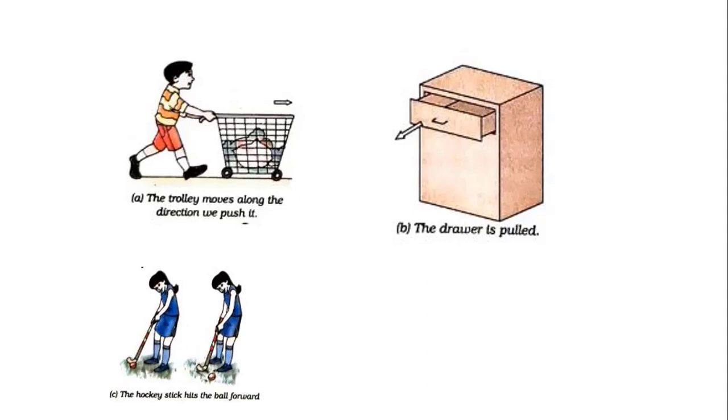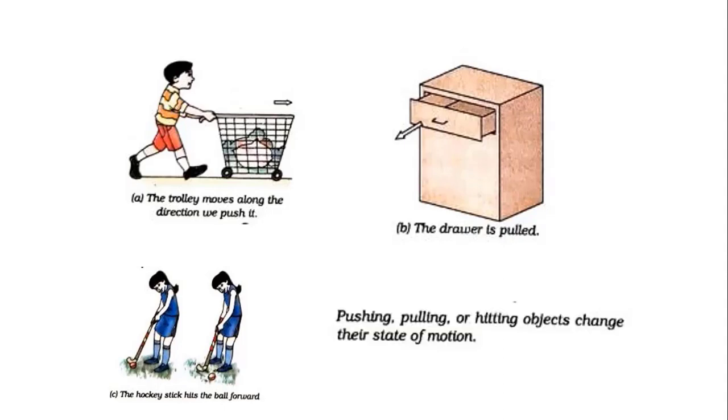In the next diagram you can see a girl hitting a ball in the forward direction. So in all of the diagrams we see that pushing, pulling or hitting objects change their state of motion, right? So what is the reason?